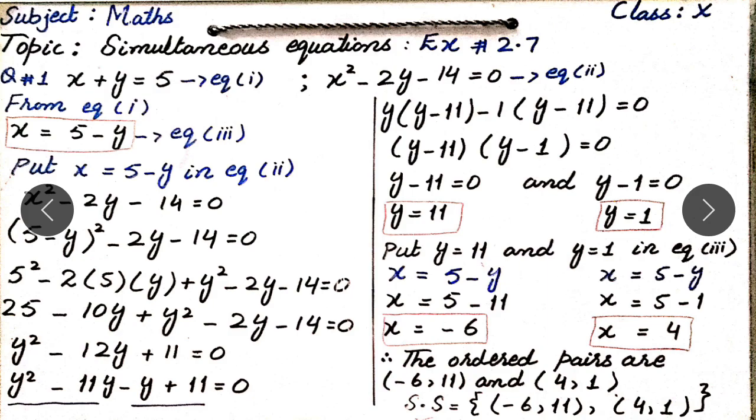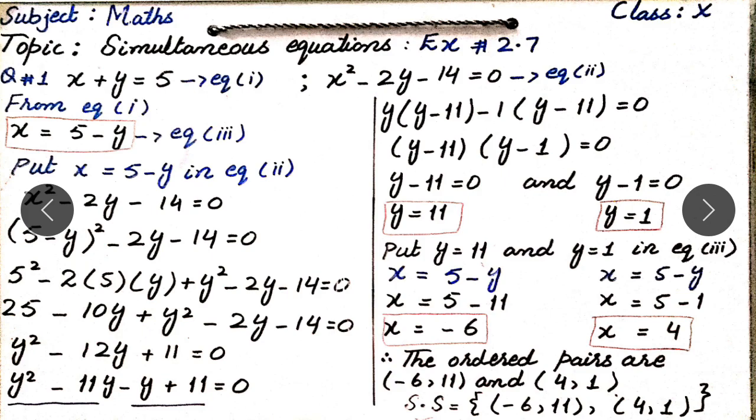So let's see how question number 1 looks and how we have to solve it. In question number 1, two equations are given and we are going to solve these simultaneous equations. The first equation is x plus y equals 5 and the second equation is x squared minus 2y minus 14 equals 0.